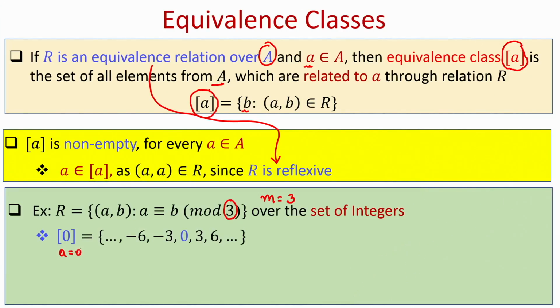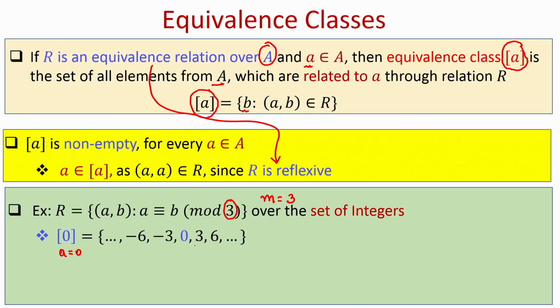The equivalence class of 0 will have all the integers B such that 0 is related to those integers B. And it is easy to see that the equivalence class of 0 will definitely have 0, because 0 is related to 0, because 0 is congruent to 0 modulo 3.